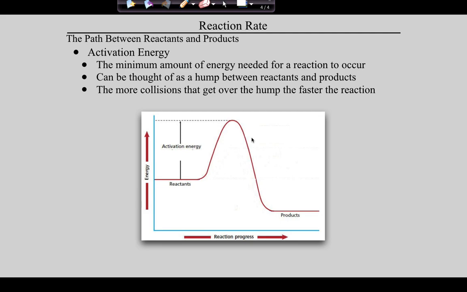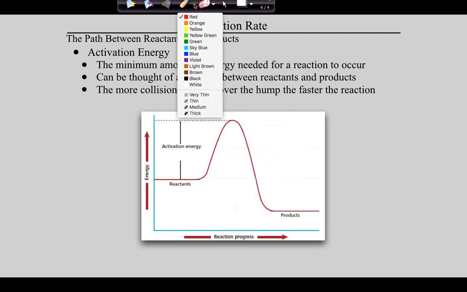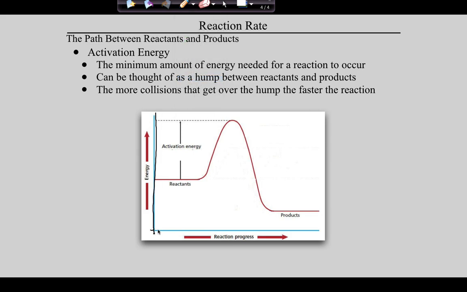Draw this with me. So guys, draw an XY line, or just a set of axes. Draw a set of axes, a Y and an X-axis. And then guys, on the X-axis, please write time, and on the Y-axis, energy.